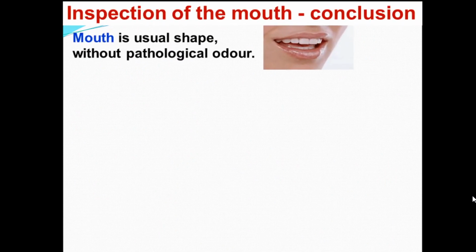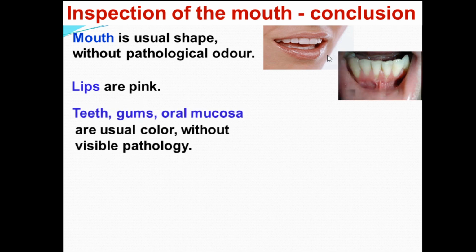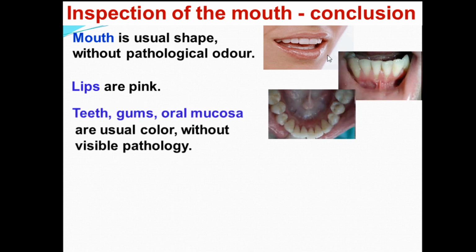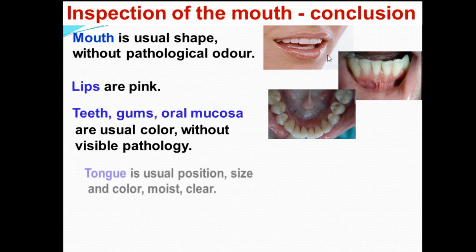I won't formulate the correct conclusion on mouth inspection for you, because I said this question will be given on the exam and you have some problem with formulating the correct answer. The mouth is of usual shape without pathological odor. Lips are pink. Teeth, gums, oral mucosa are of usual color without visible pathology.